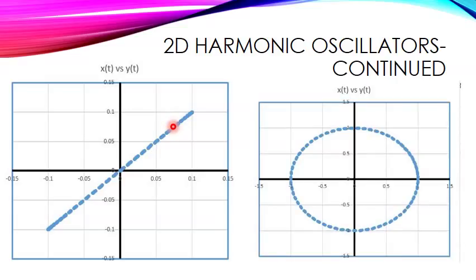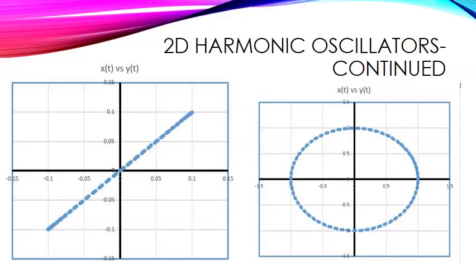And here's a circular one. It looks like an ellipse, but I think that's an Excel problem. The aspect ratio of these axes are not equivalent, so I didn't draw a circle, but you can see this is an amplitude of 1 here, and an amplitude of 1 here, and it oscillates back and forth, both at the same frequency.